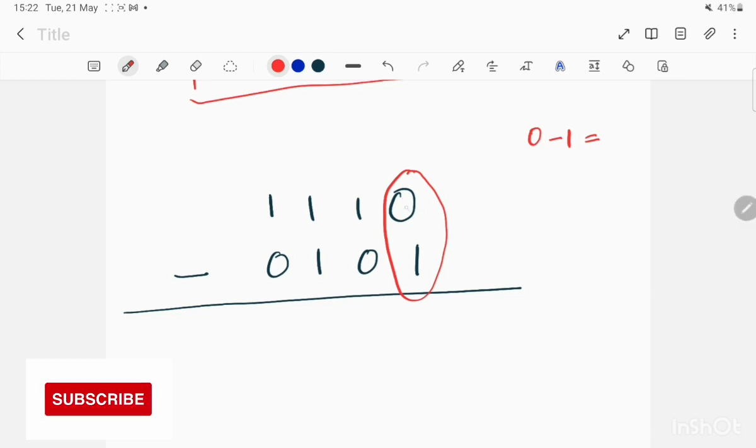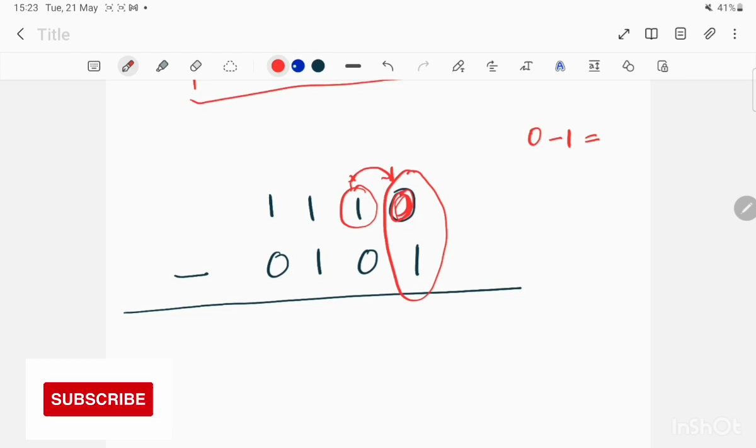Here we have 0, right? And we cannot subtract 1 from 0. So what we will do is search the next locations. We will search first of all its neighbor. Now we will borrow 1 from the neighbor. The neighbor will give a 1 to its neighbor who is a 0.